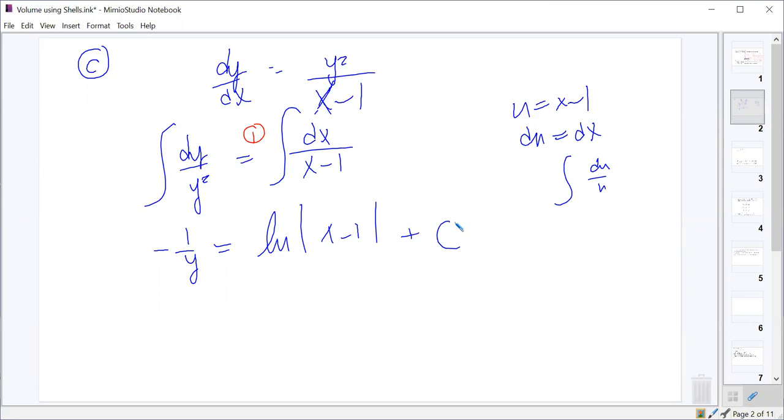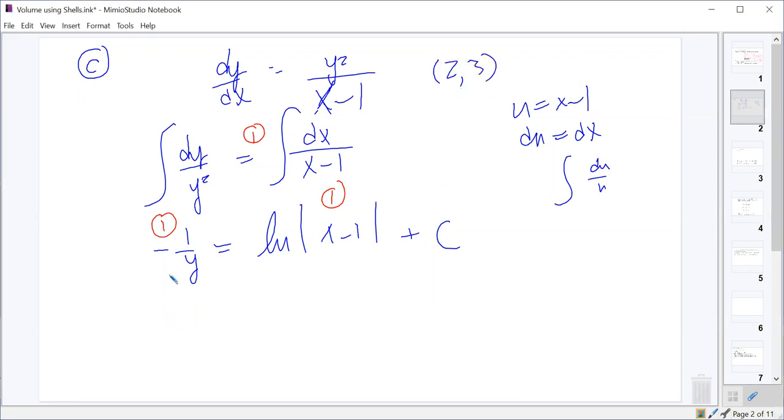Now, for this particular problem, you got 1 point for this integral, 1 point for this integral. Sometimes there is a point associated with just writing plus c during these differential equations. Sometimes there is not. In this case, there was not a point associated with just writing plus c. You had to actually make an attempt. You had to write the c, but then you had to make an attempt to find the c by plugging in the initial condition of 2, 3.